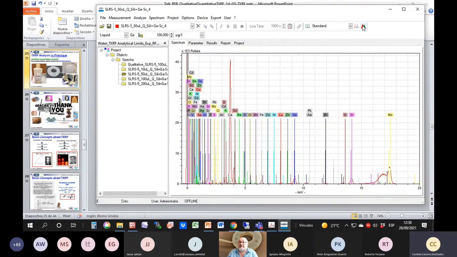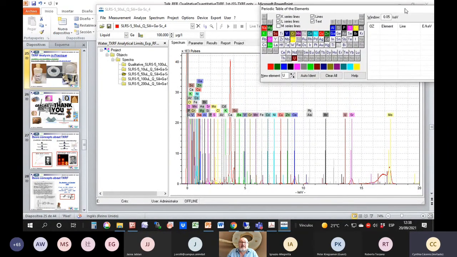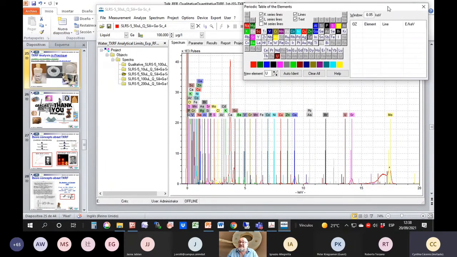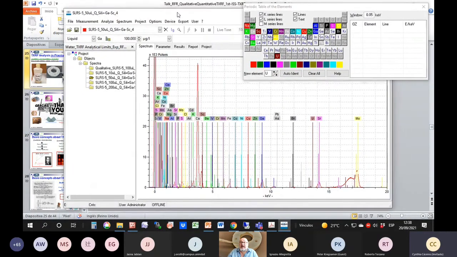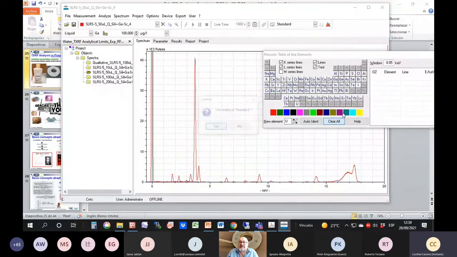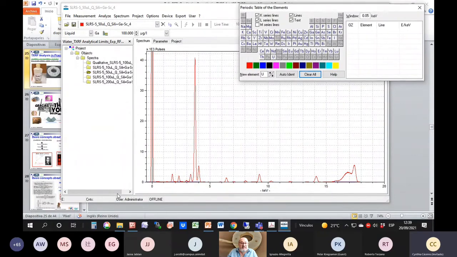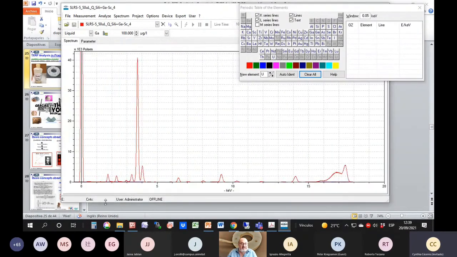This is the spectra software that our S2 Picofox has at our disposition, in the offline mode. I am going to eliminate all, and I am going to use this standard method.